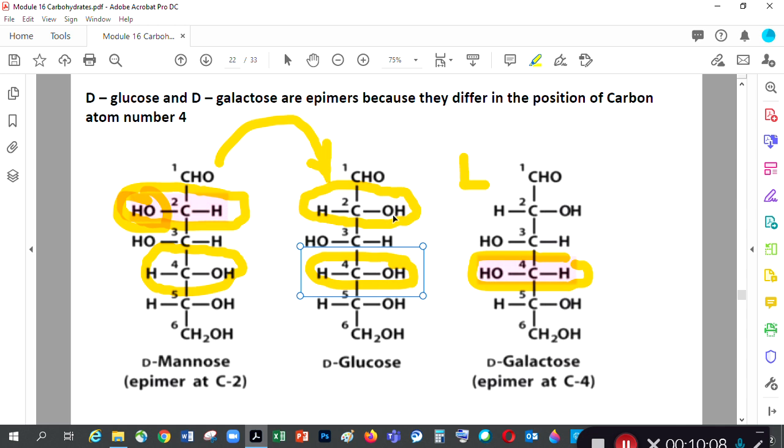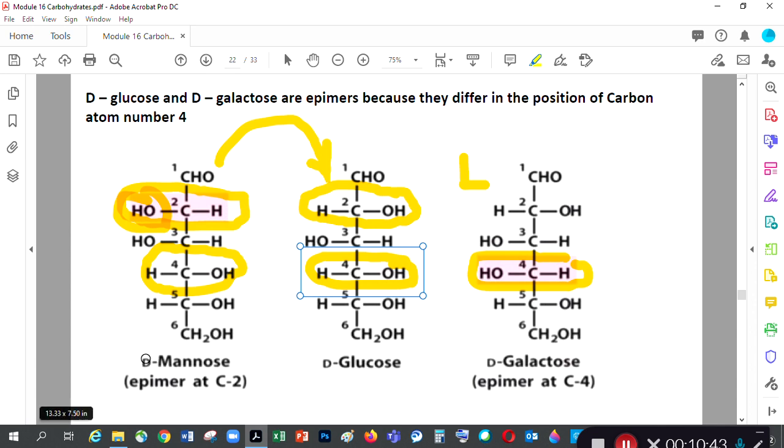So the OH at the right, if you draw it in Haworth, will be at the bottom of the cyclic structure, and the left will be at the upside. So you get the idea. Epimers just differ in the position of the OH, whether it is left or right, at a certain carbon number.